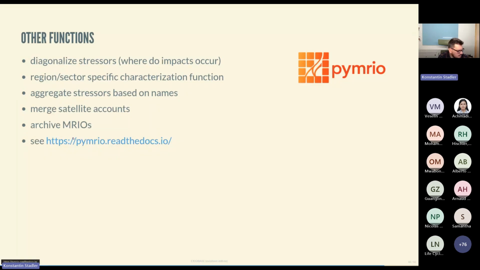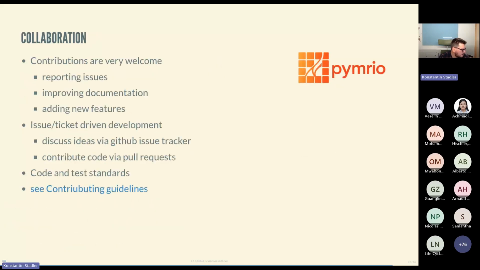There's aggregation methods for sectors and regions, and also several functions for handling MRIO data and extension accounts. As I said, it's documented, there's a documentation online. We also have some collaborators already, or contributors to the data, and I'm very open for all contributions to the Pymrio package.